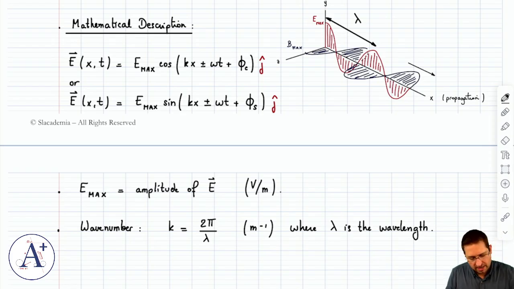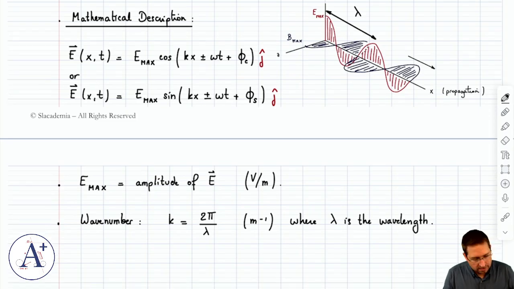Right? So if I have kx is 2 pi x over lambda, every time x is lambda, 2 lambda, 3 lambda, I get 2 pi and my cosine resets, which makes sense. Every lambda, the pattern should reset. So it's a construct to make sure that happens with sine or cosine. That's where the wave number comes from.